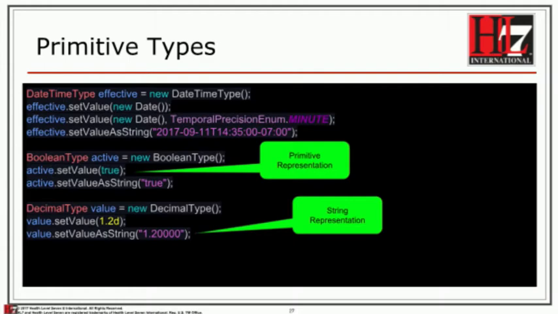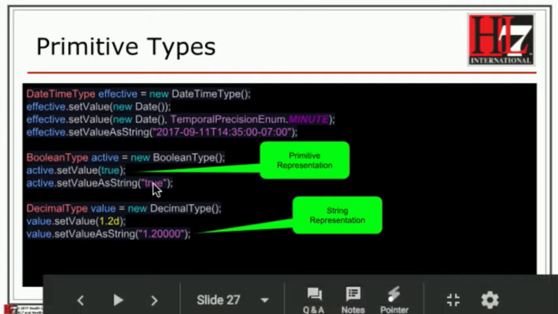So Boolean type, of course, inside just has a field which is a Boolean. Decimal type, inside it has a field which uses the Java BigDecimal class, and so on and so forth. You can always interact using the primitive Java things. So you can always say set value and just use a Java Boolean. You can also always interact with the FHIR representation, which is a string version of that.